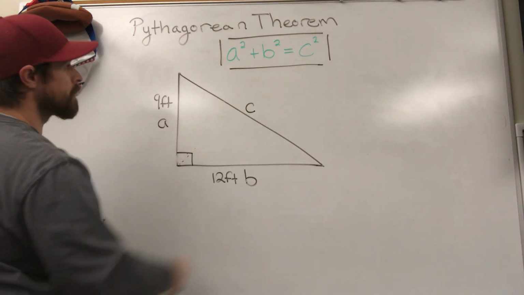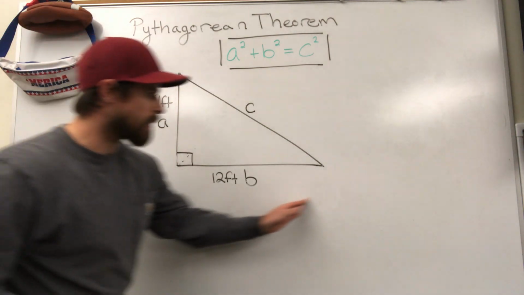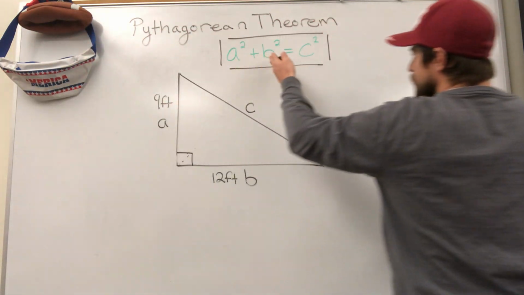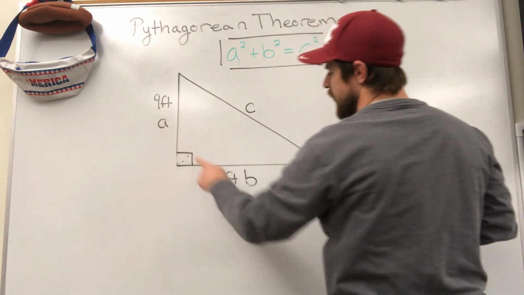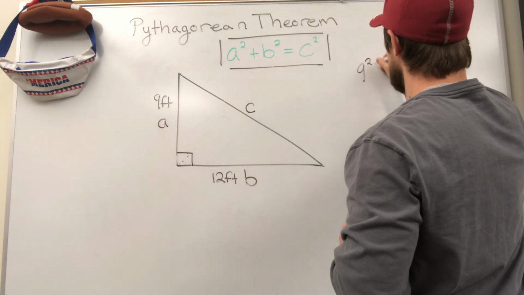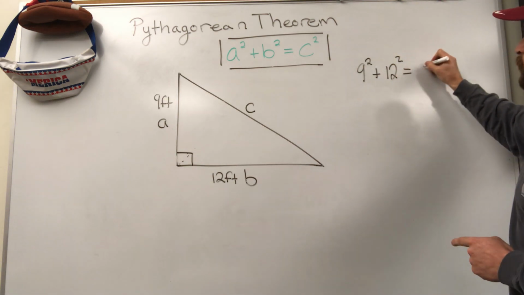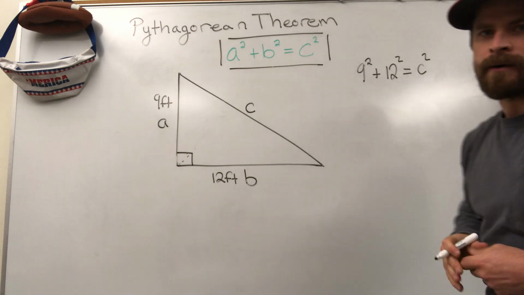We're going to just use the theorem, a squared plus b squared equals c squared. So as I go right on over here, I'm going to plug in a and b with my values of 9 and 12. So I'm going to say 9 squared plus 12 squared equals c squared.